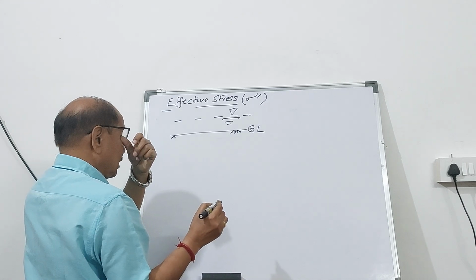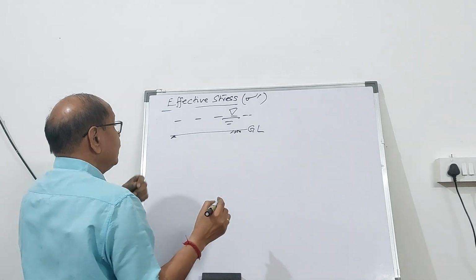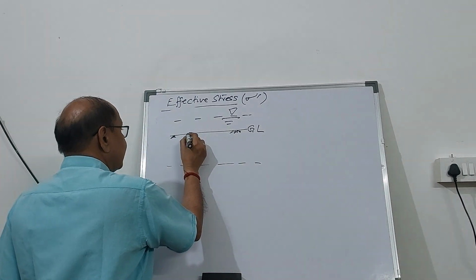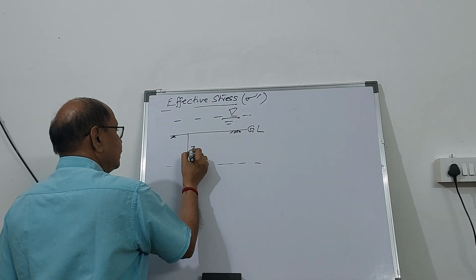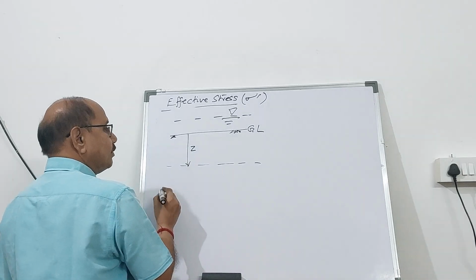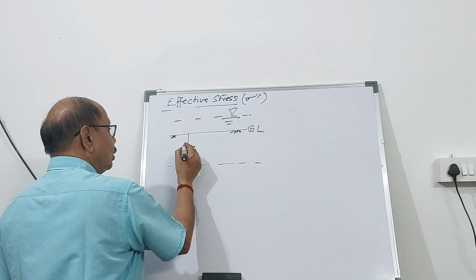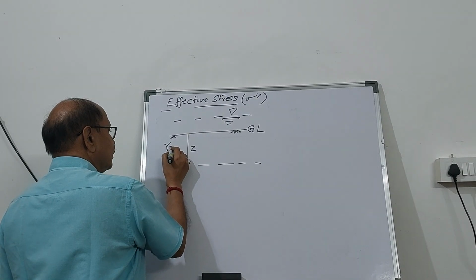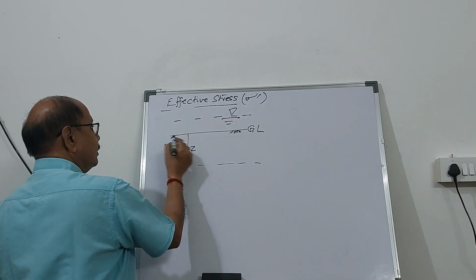So ground level is completely submerged under water. And you want to find out at a depth Z the effective pressure. So this ground is fully saturated, so gamma saturated.